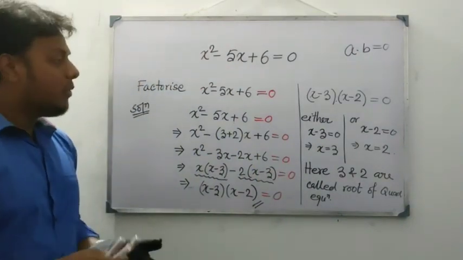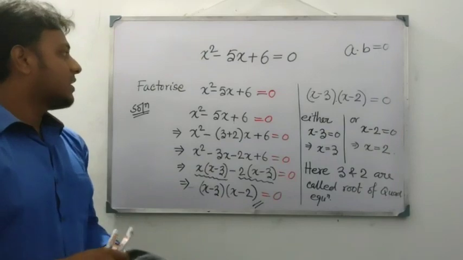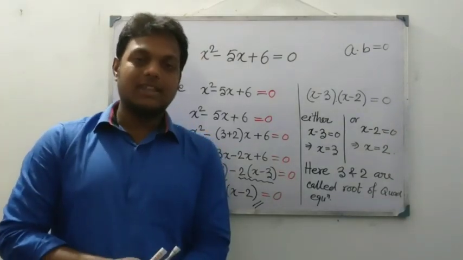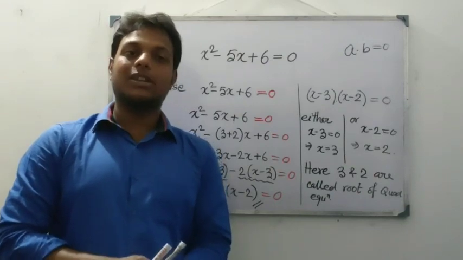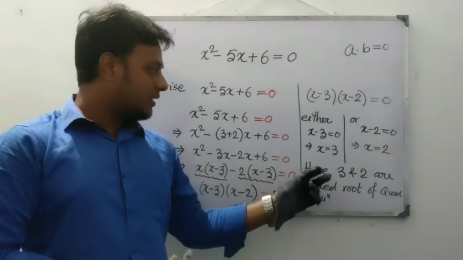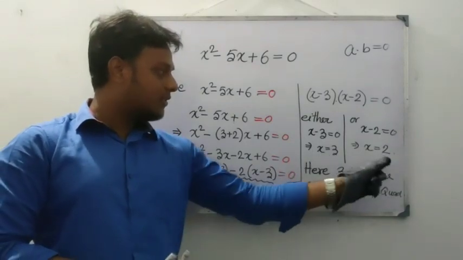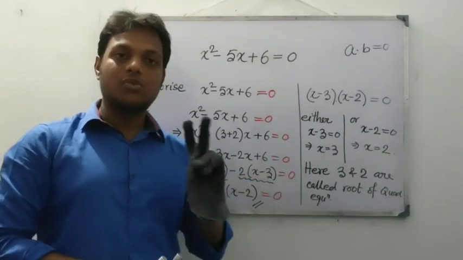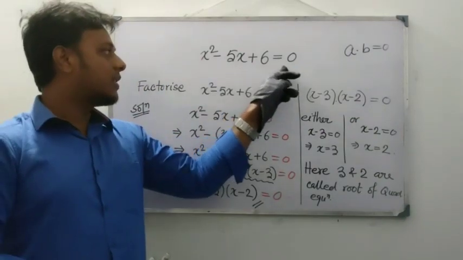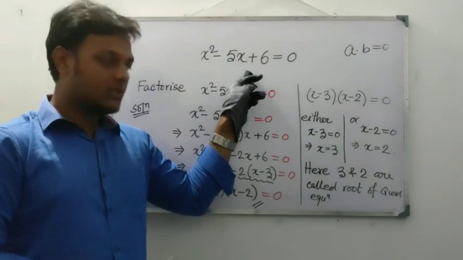One more important result: if an equation is of degree 3, then you will get 3 solutions. Here we get 2 solutions, one is 3 and another one is 2. We get 2 values of x for which this is satisfied.